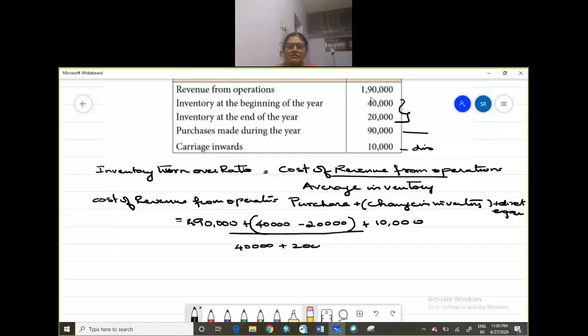So opening inventory is 40,000 plus 20,000, divided by 2, which is equal to 90,000 plus 10,000 plus 10,000 divided by 20,000 plus 40,000. So 60,000 divided by 2 is 30,000.